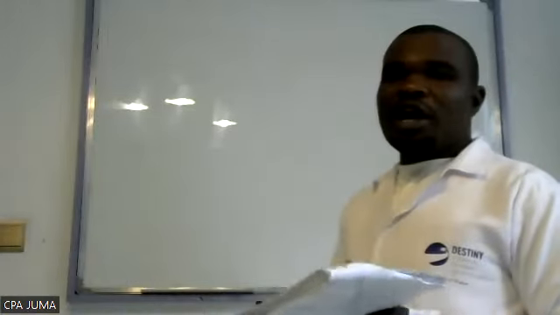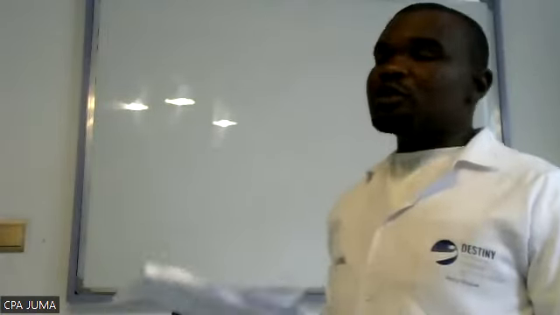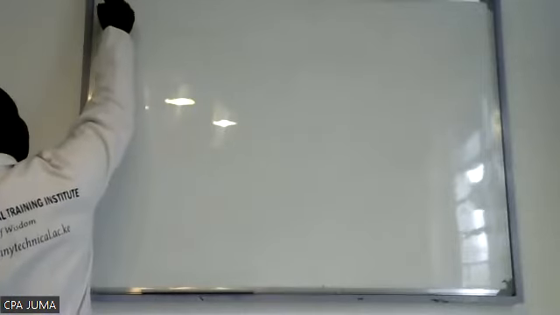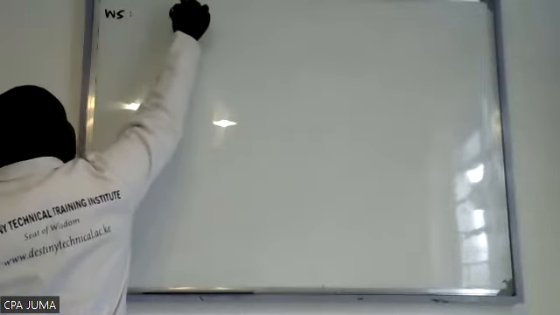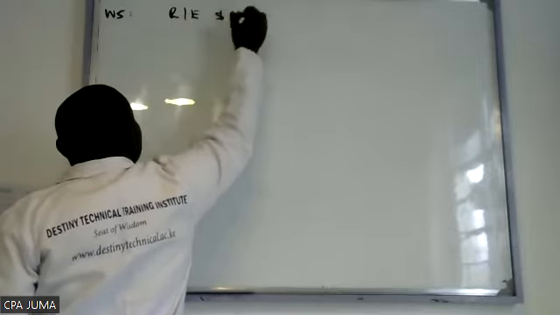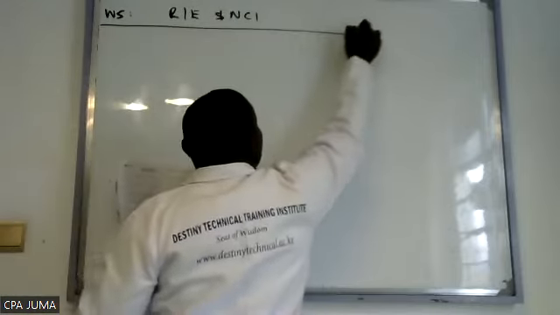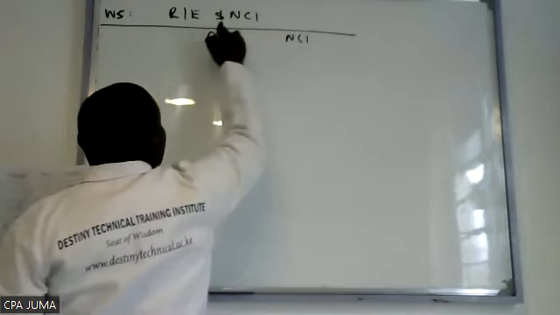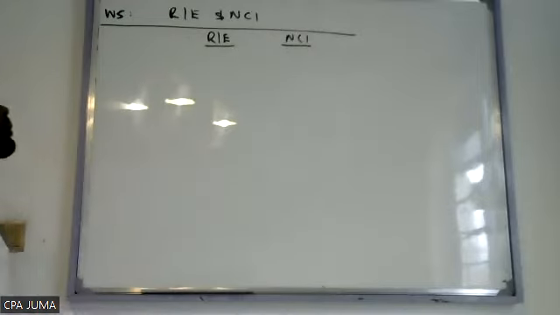All right, so now we go to retained earnings, but something is clicking in my head. For the first time, I just want to try out, because I'm trying to see how we can save on time, to combine retained earnings and NCI. So it's the first time I'm trying this. Let's see whether it will work. So have here retained earnings, have here NCI.